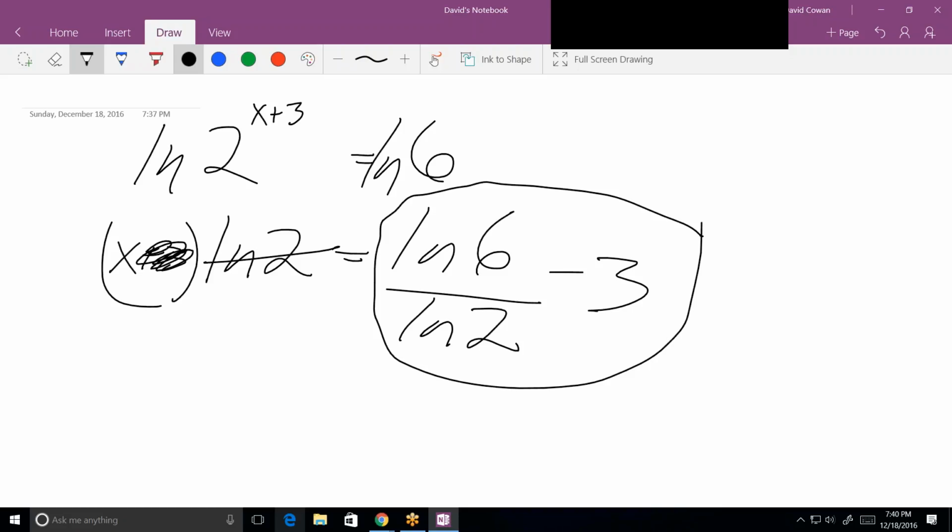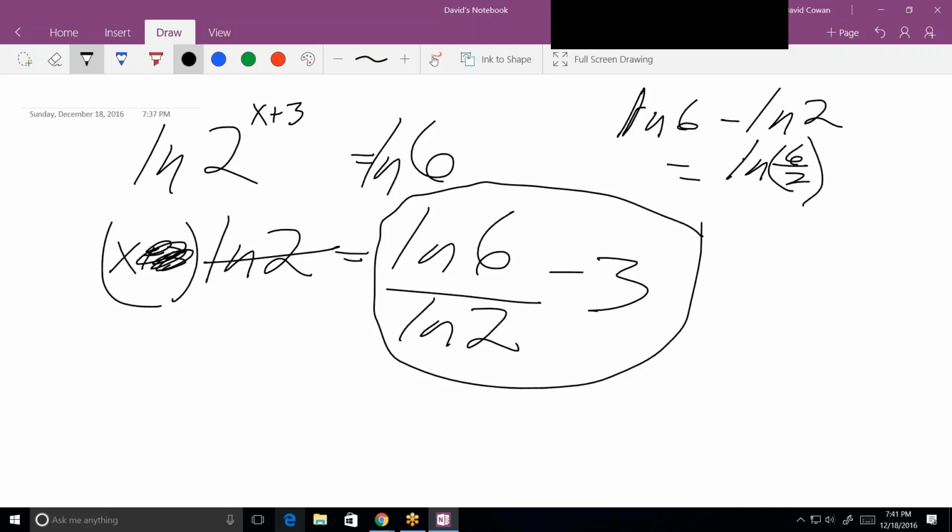And can you simplify the natural logs or the 6 or the 2? No, you can't. For one thing, the rule is this. If I have ln of 6 minus ln of 2, that's the same thing as ln of 6 divided by 2. But notice that's not what we're looking at. We're looking at ln of 6 divided by ln of 2.